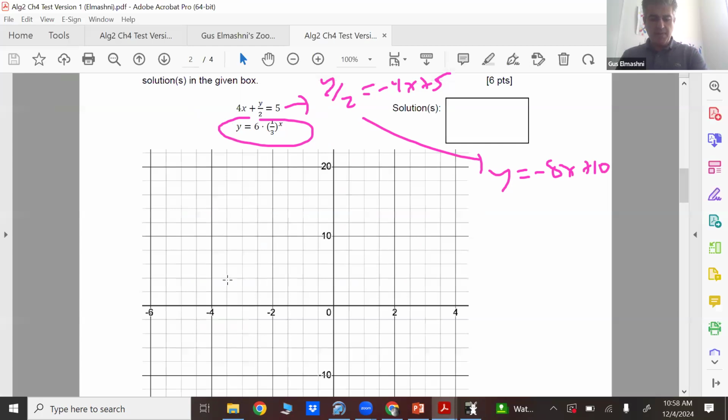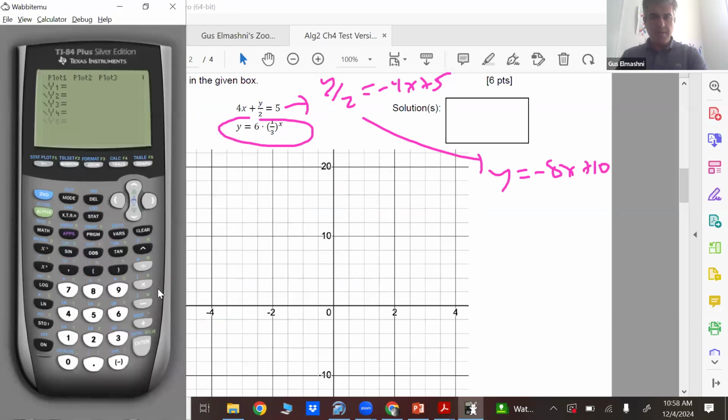So hold on, I have this right in front of me. Okay, so -8x plus 10. And I'll share this recording once it's done. 6 times 1/3 raised to the x power. Okay, graph it.